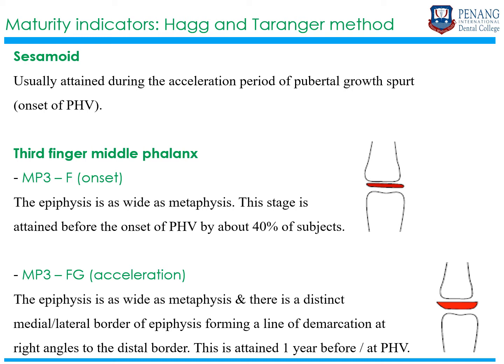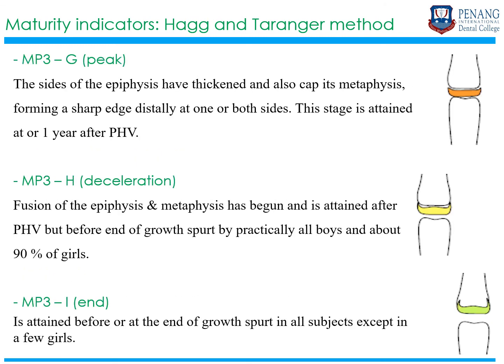You can see the image on the right hand side to better understand the correlation with the text. The peak stage is reached when the sides of the epiphysis have thickened and also cap its metaphysis, forming a sharp edge distally at one or both sides. So you can see it on the image more clearly. So this stage is attained at or 1 year after PHV.